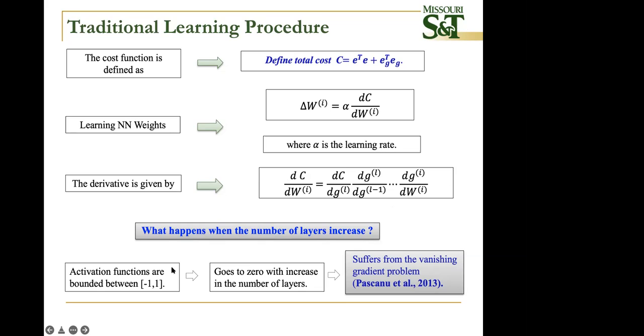As the number of layers increases, usually the activation function varies from -1 to +1. And as you increase the number of layers, we call that a vanishing gradient. Basically, these values will become smaller than 1.